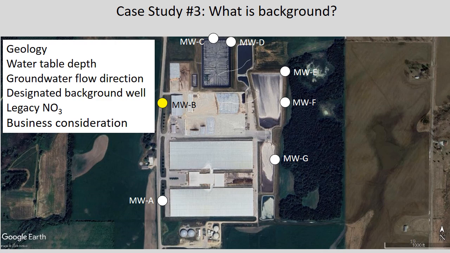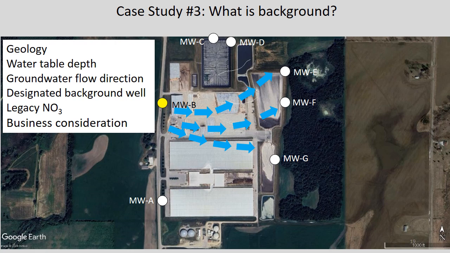And the water table depth varies, about 10 to 15 feet. Groundwater flow direction is shown with these blue arrows, basically left to right, or west to east. The designated background well was this one here, monitoring well B.